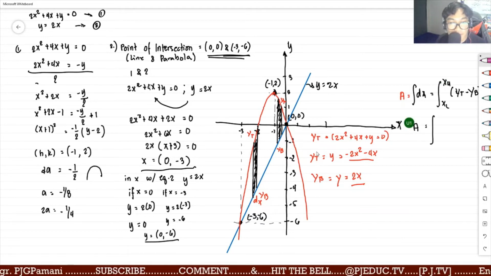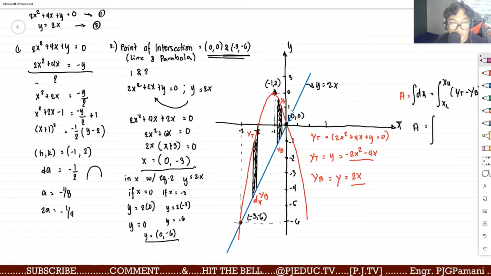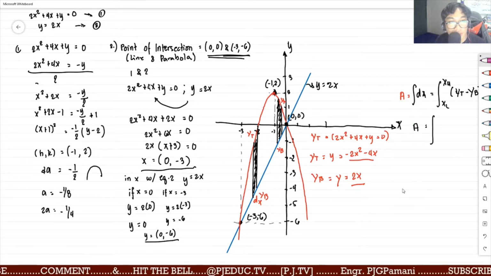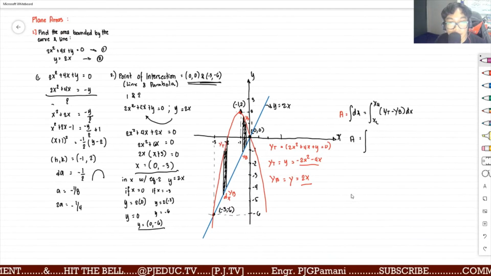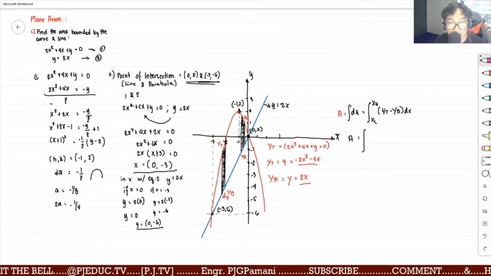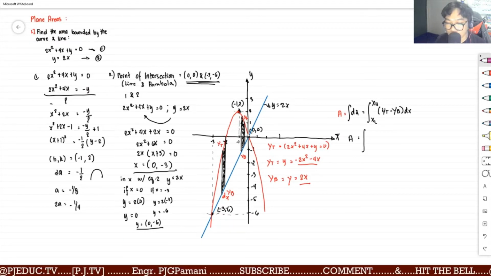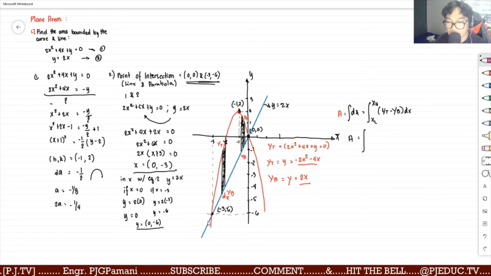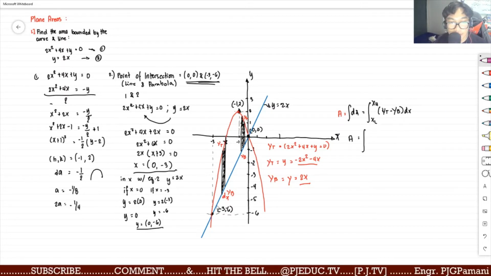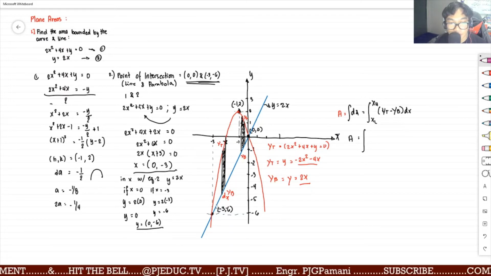Ano yung ating limits? So, if we're going to consider vertical element, ito yung point ng kanyang limits. Nandyan. Point ng ating limits is from 0 to negative 3.